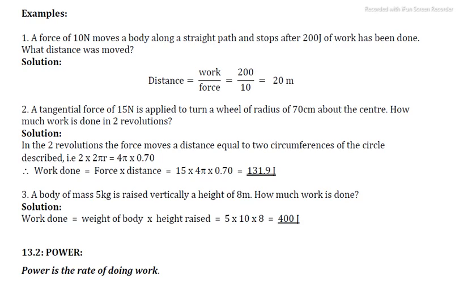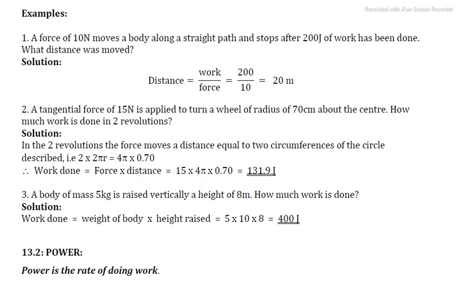In our second example, we are told that a tangential force of 15 newtons is applied to turn a wheel of radius 70 centimeters about the center. They want us to find how much work is done in 2 revolutions.